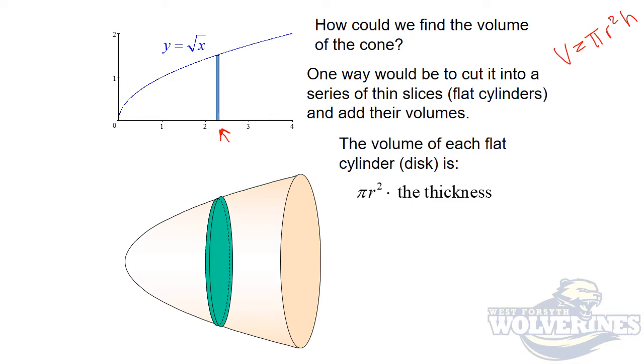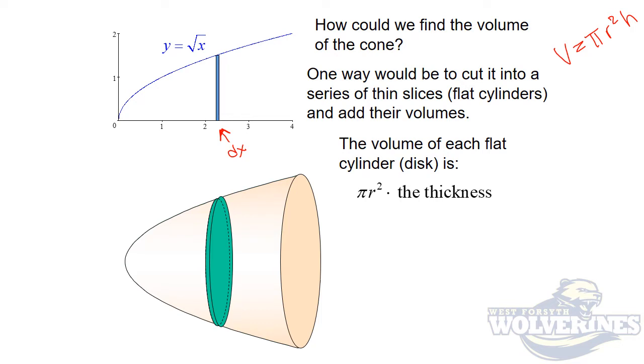Then the volume of each of those cylinders is going to be pi r squared times h, where h is the thickness of the cylinder, which we've already said is going to be infinitely thin. In this case, it's that really small change in x, so dx. So what's r then?